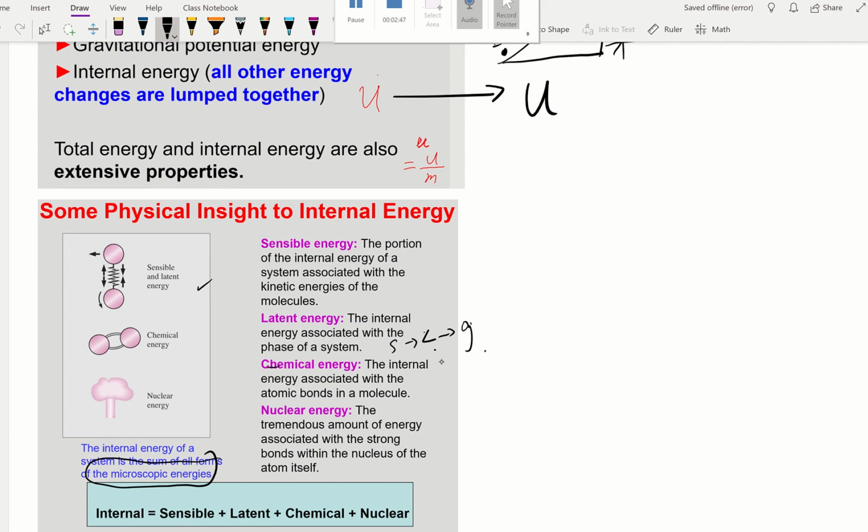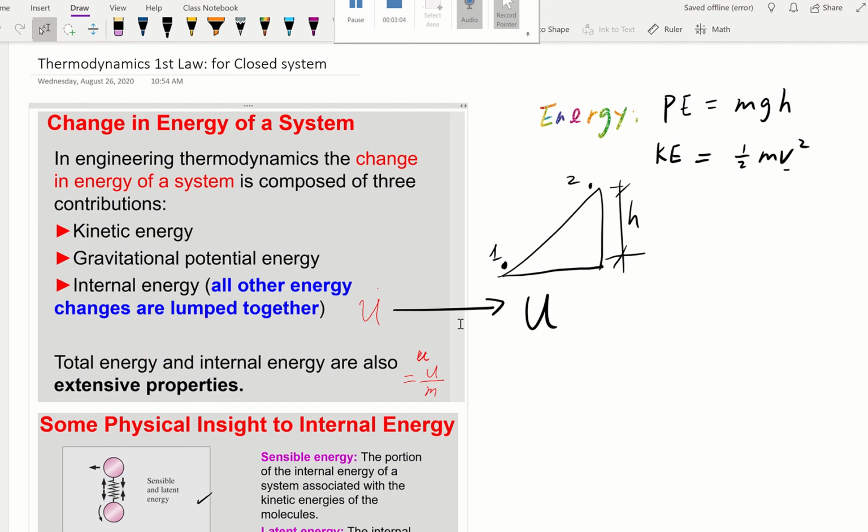It is associated with the atomic bonds of a molecule. Nuclear energy is a tremendous amount of energy associated with the strong bonds within the nucleus of an atom. So if you cluster all of this together, that's going to be our internal energy. Then we just talked about those 3 different types of energy: potential energy, kinetic energy, and internal energy.